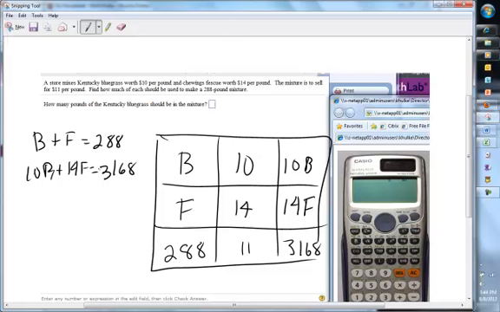And we get 1 equals 288. Second equation is 10 equals 14 equals 3168. So our B is 6, and our F is 222 pounds.